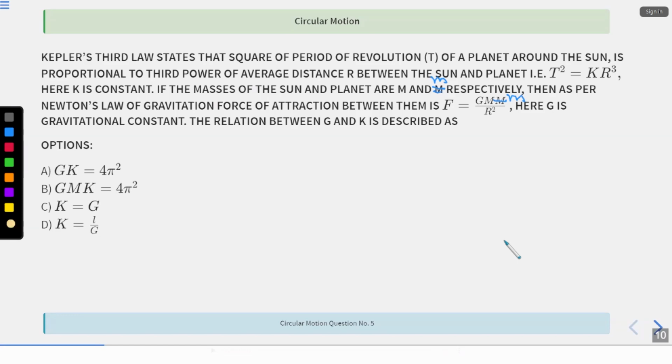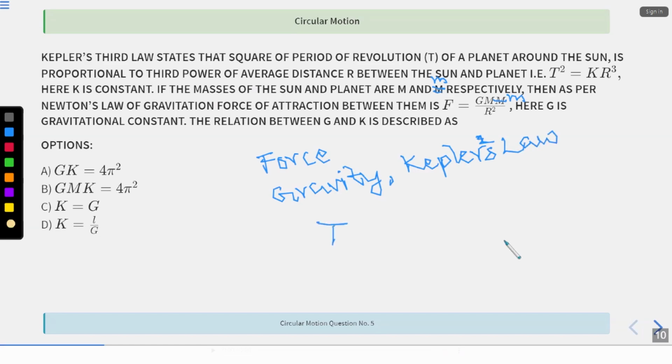Okay, so here it is more of forces being involved, gravity and Kepler's law. And we know that T square is directly proportional to r cube. That is what Kepler's law states, right? And here they have equated it with a constant.